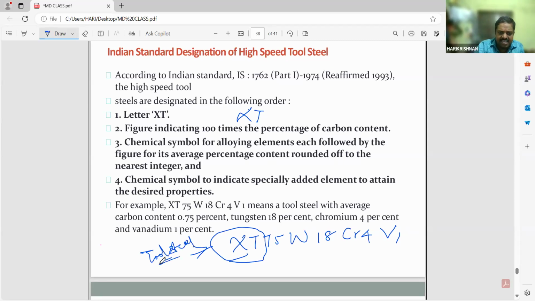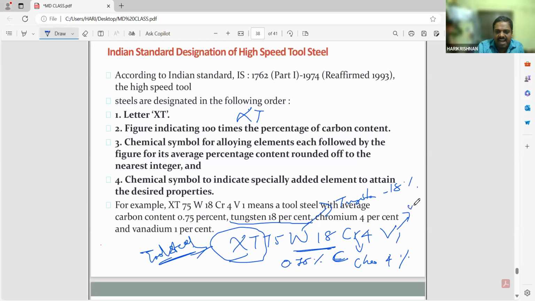The tool steel has 0.75 percentage of carbon, then W will be what? Tungsten. It will be 18 percentage. W means tungsten, 18 percentage. Similarly, Cr means chromium, it will be 4 percentage, and V is vanadium, it is 1 percentage.